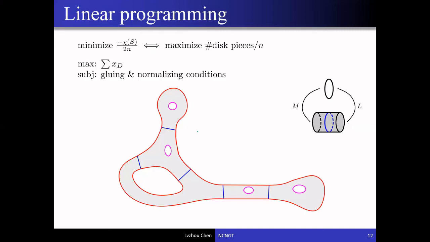In this way, we can formulate the problem into a linear programming problem. So what we do is that for each possible type of piece, we introduce a corresponding variable. The variable tells us how many copies of this kind of piece appear in our surface, and we divide that number by the degree of the surface.